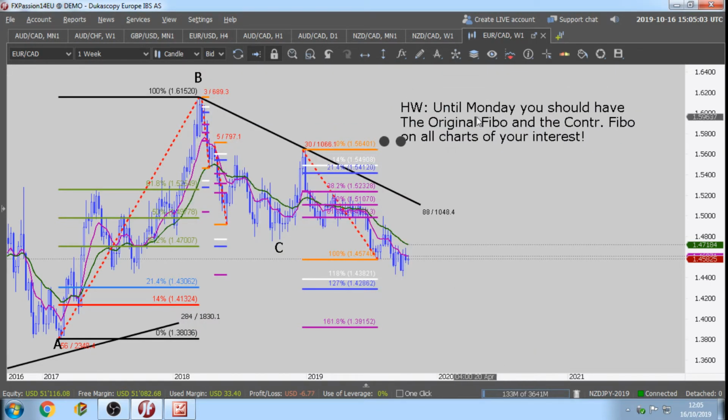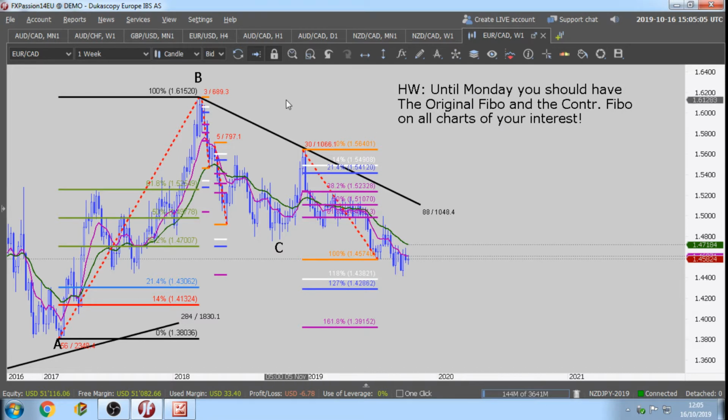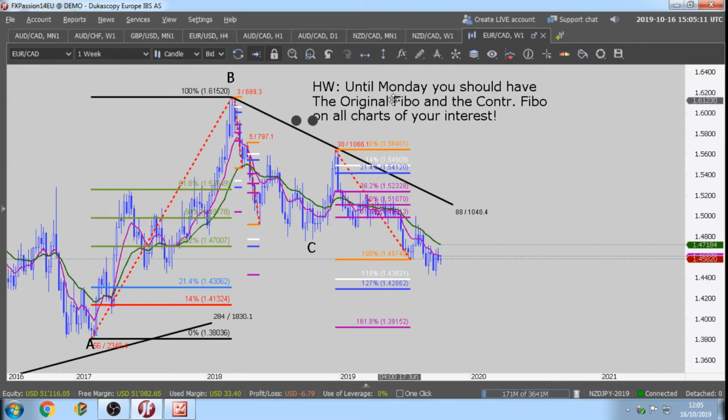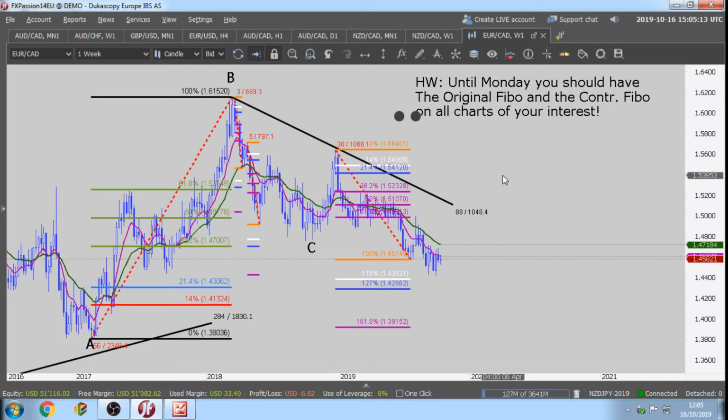So if you are going to use the Fibonacci's to trade, if you want to become a semi-professional trader, maybe a professional, homework: until Monday you should have the original Fibonacci and the Contrarian Fibonacci on all charts of your interest.